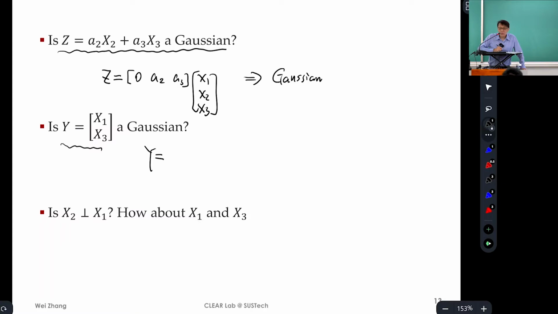Can you write down a linear transformation to define Y in terms of X? What is it? 1, 0, 0, 0, 0, 1 times X. So you see this is also Gaussian.